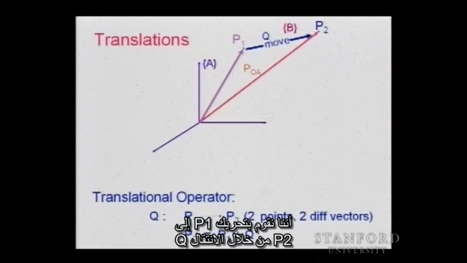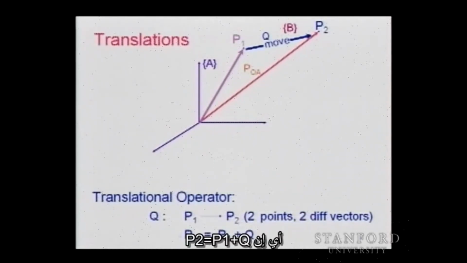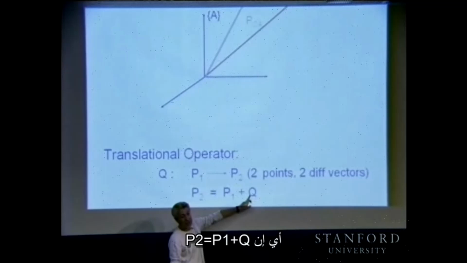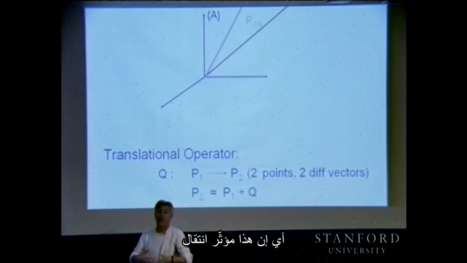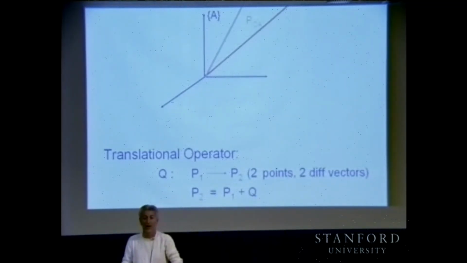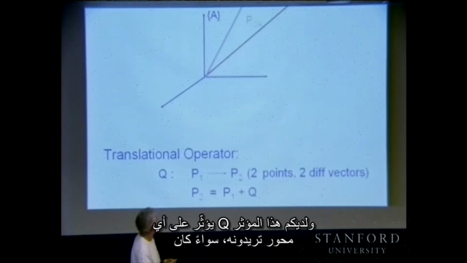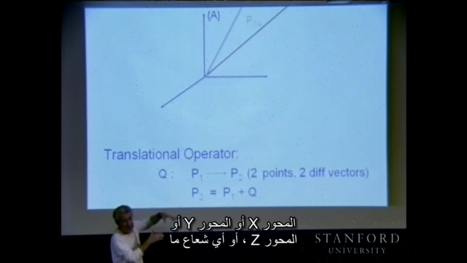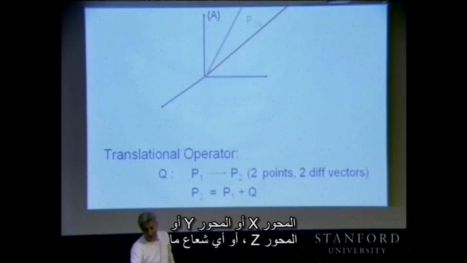We are moving P1 to P2 with the translation Q. So P2 is P1 plus Q. So this is an operator of translation. And you can have this operator Q along the x-axis, y-axis, z-axis, or any arbitrary vector.